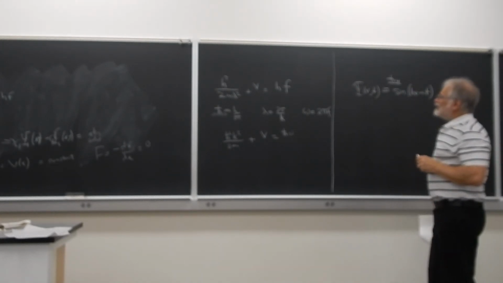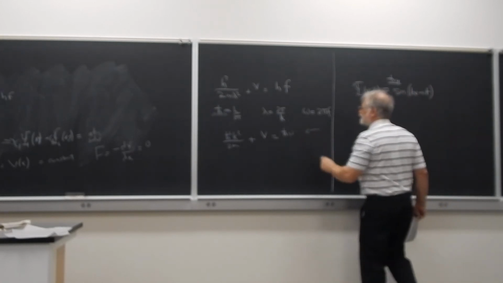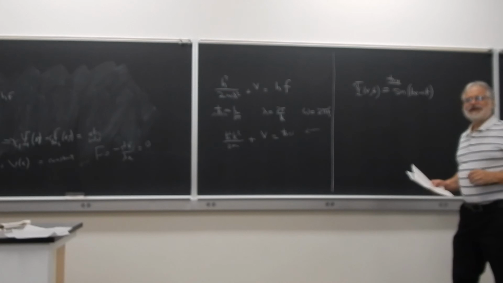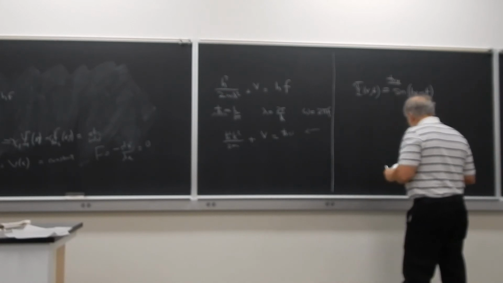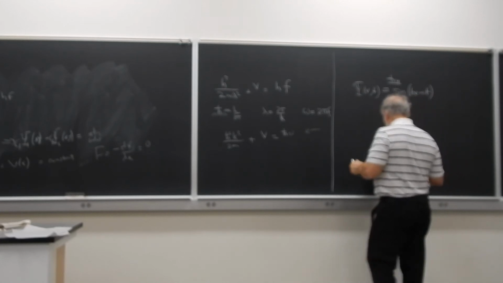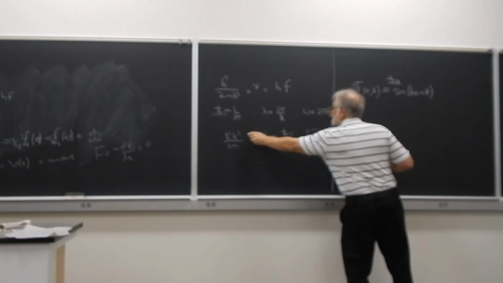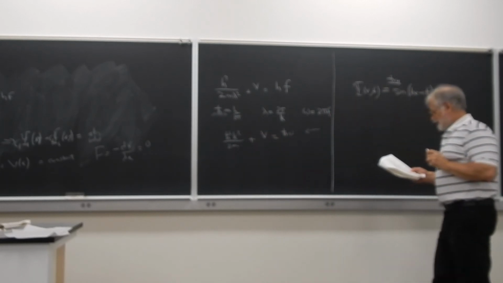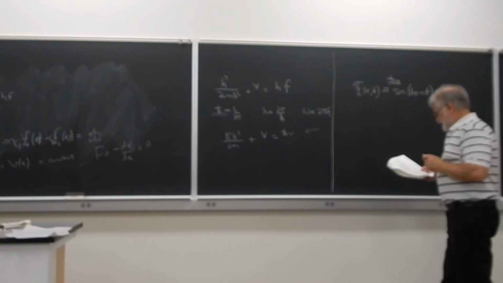Well, the problem is, if I look at my energy equation, that may not be so good. Because notice, in the energy equation, I need to have terms like k squared and omega coming out of the wave function.